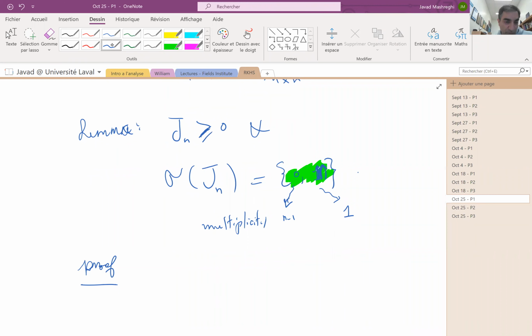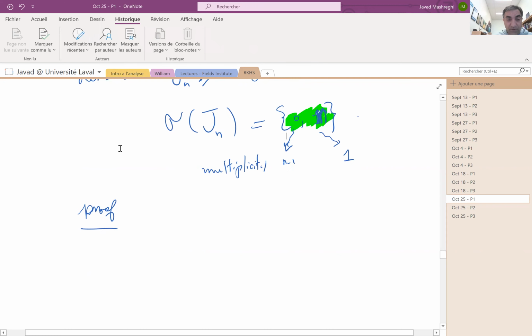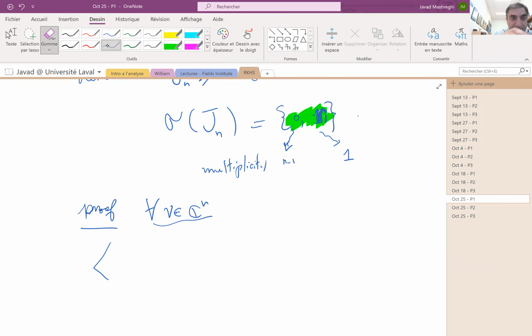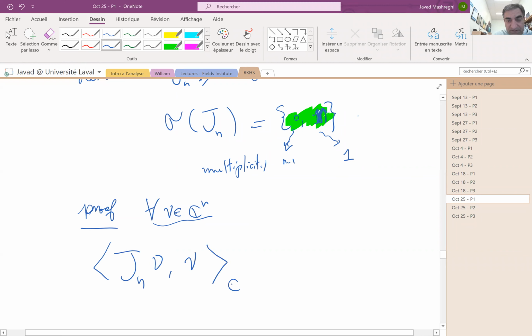So the proof for positivity is the straightforward proof that we use all the time. For any v in Cn, or here Rn, but we have to do it for Cn indeed, even if the matrix is real. What is the sum? Sum i from 1 to n, j from 1 to n. That sum is precisely Gn of v inner product with v in Cn.